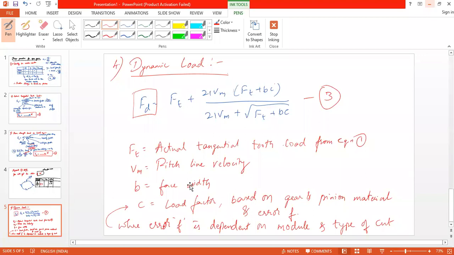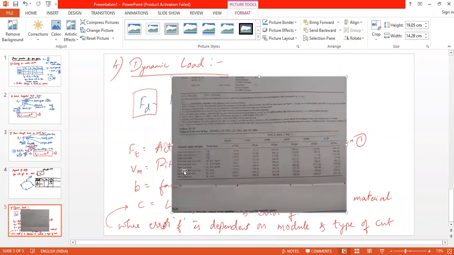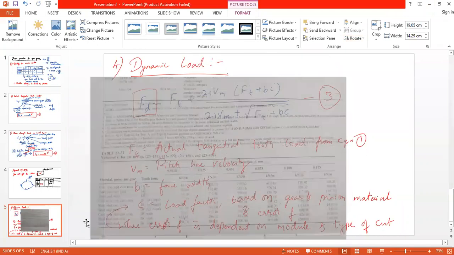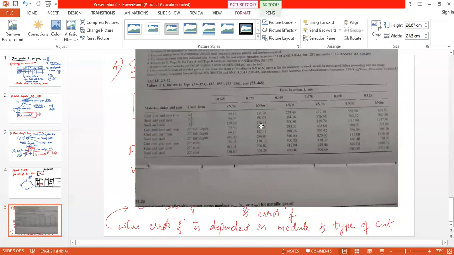Here you can see the load factor C is dependent on the material of pinion and gear and the tooth form. Here it is dependent on tooth form also.